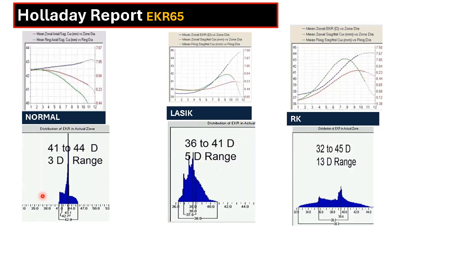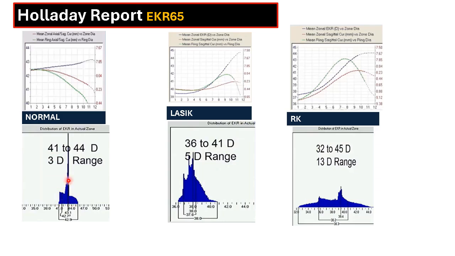When I say normal cornea, it means a virgin cornea that has not undergone any refractive surgery. So you can see that the power distribution ranges between 41 to 44 diopters, a total of 3 diopters over an optical zone of 4.5 millimeter.